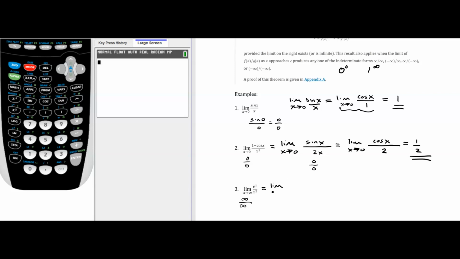So I end up doing the limit as x goes to infinity of the derivative of the numerator over the derivative of that denominator. If we do a direct substitution, you can see that we end up with e to the infinity all over 2 times infinity. So we again have that indeterminate form. So let's apply L'Hopital's rule again.